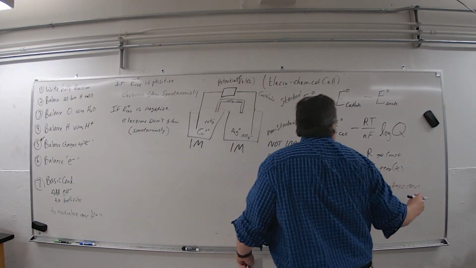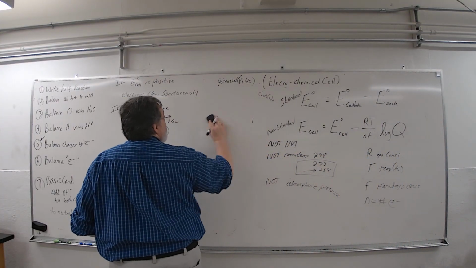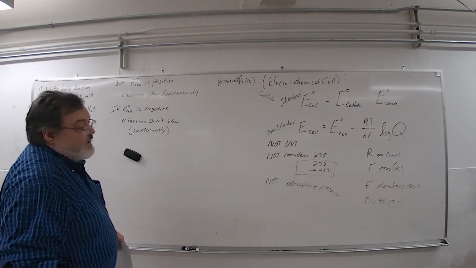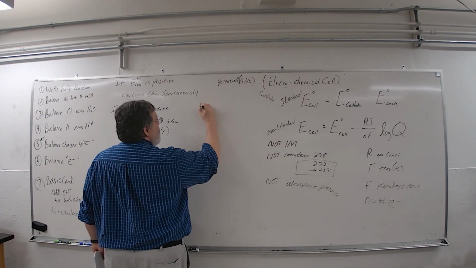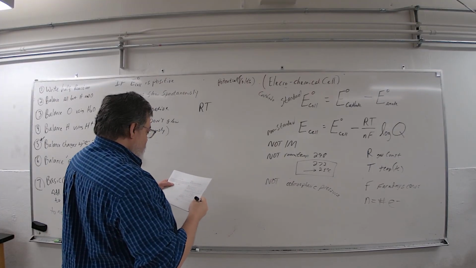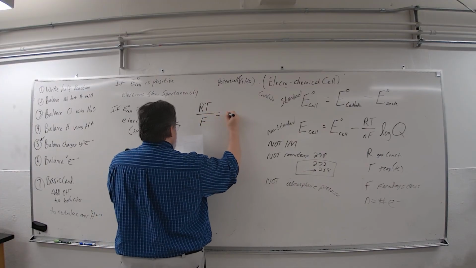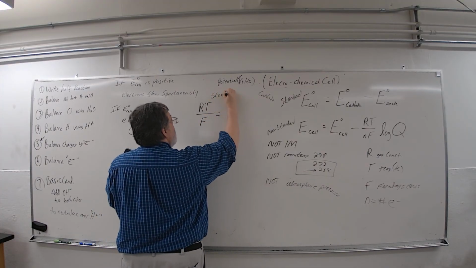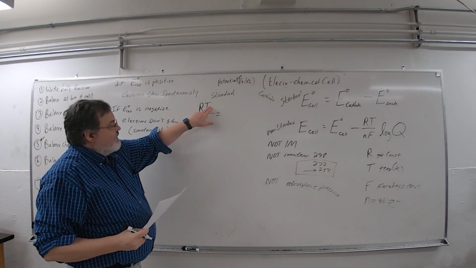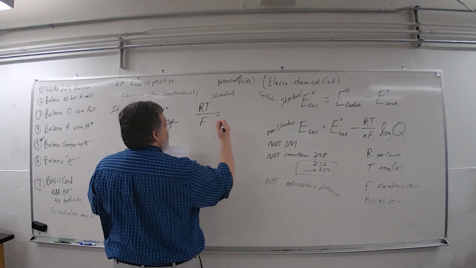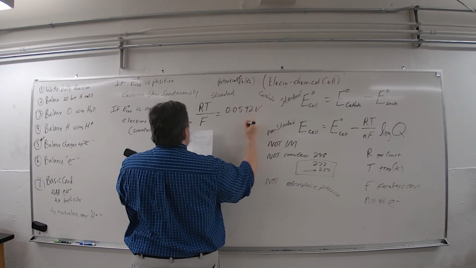But what we will use is, again, this is more simple than it seems. It makes it seem complicated when you're talking so much. Did they leave that negative? Yeah, for standard. Standard temperature and standard pressure, you would have that much equals 0.0592 volts.